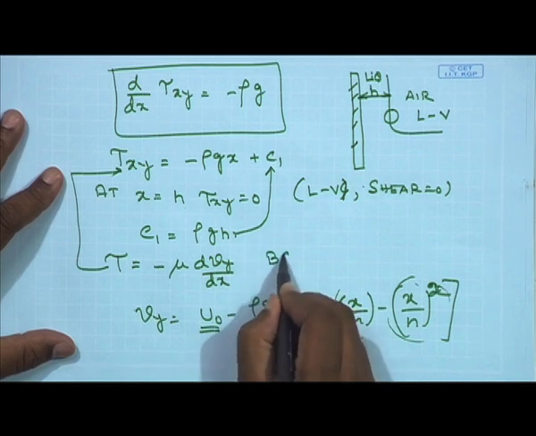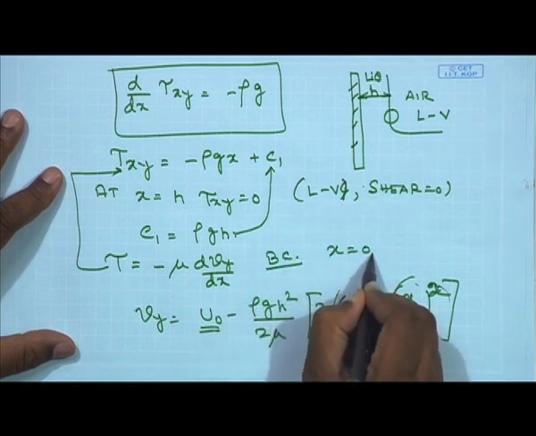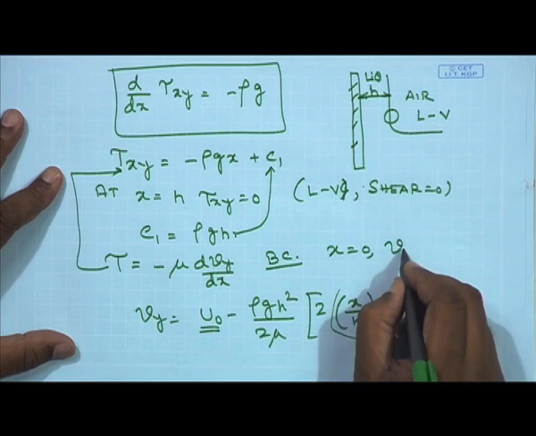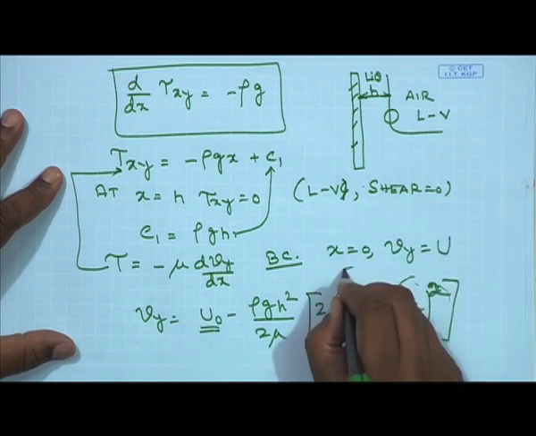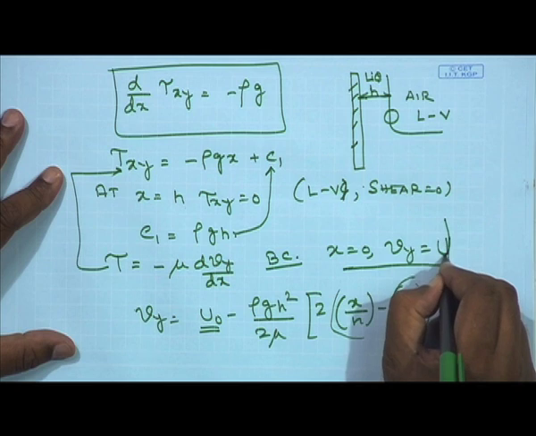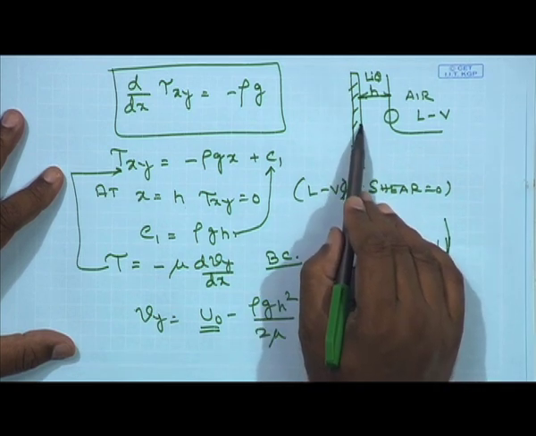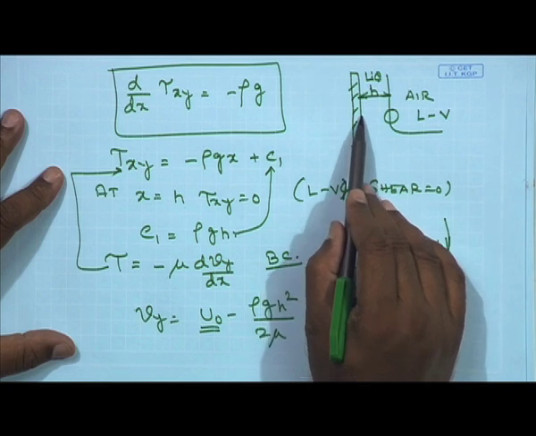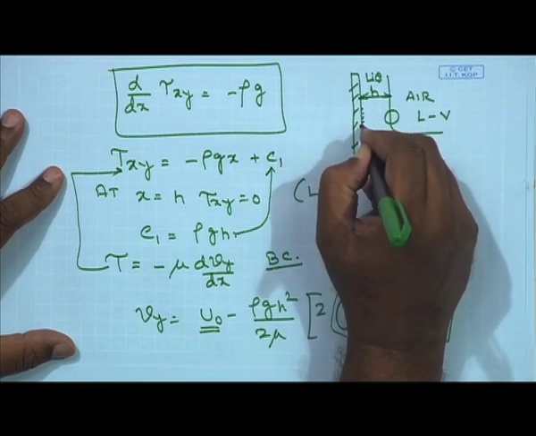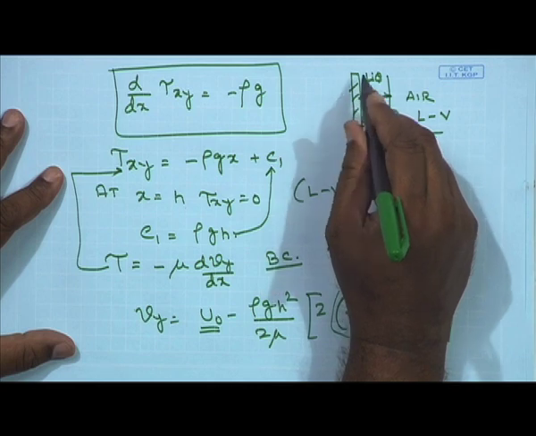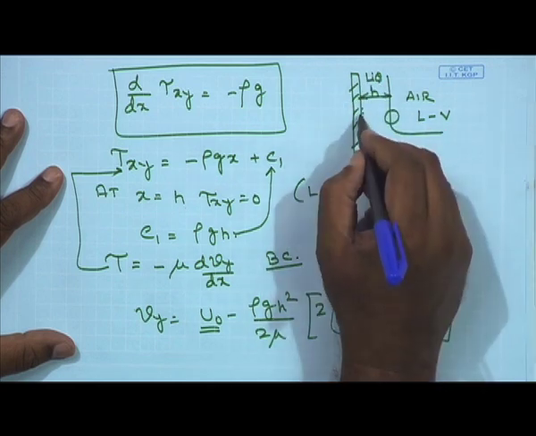The second boundary condition is at x equal to 0, where vy must be equal to u naught. This is a very important boundary condition. At x equal to 0, that means at the liquid solid interface, there is no relative velocity. All the molecules of the liquid which are here are moving up with the plate with the same velocity u naught.